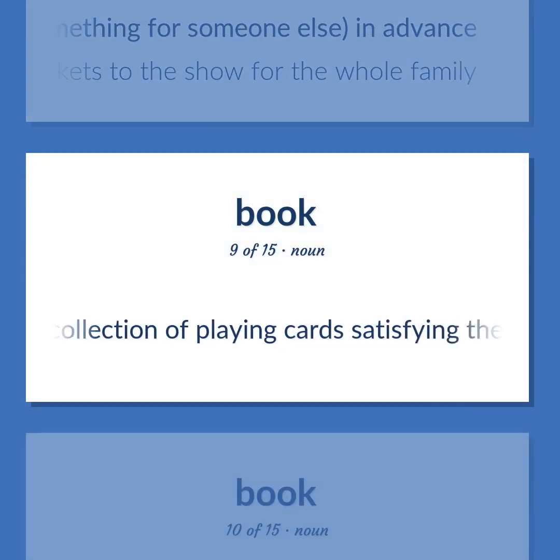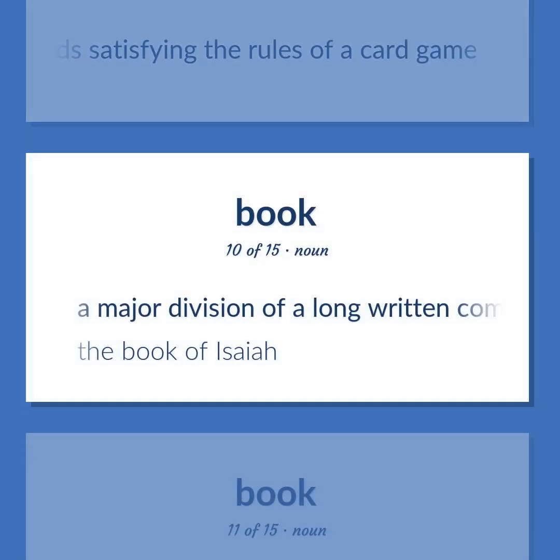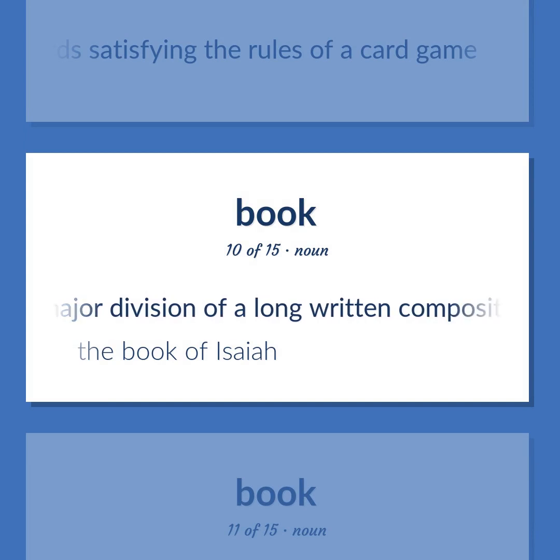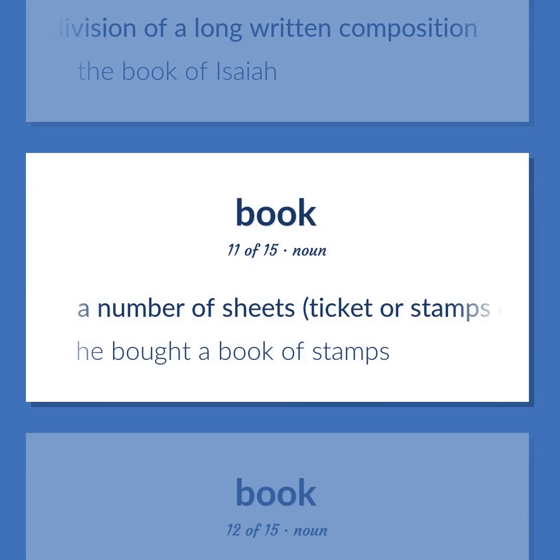A collection of playing cards satisfying the rules of a card game. A major division of a long written composition. The Book of Isaiah. A number of sheets, tickets or stamps, etc., bound together on one edge. He bought a book of stamps.